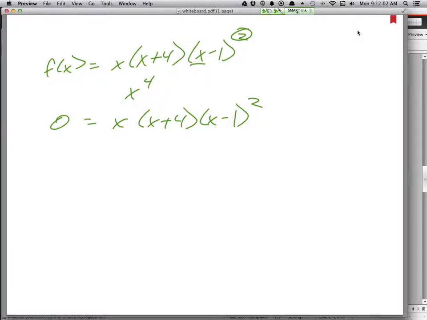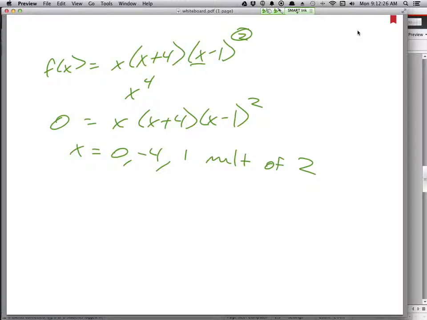So this one's already factored, so what are my zeros? 0, -4, and 1. What do I know about 1? Since it's multiplicity of 2, what does that tell me about the graph? It just touches. It should not cross.